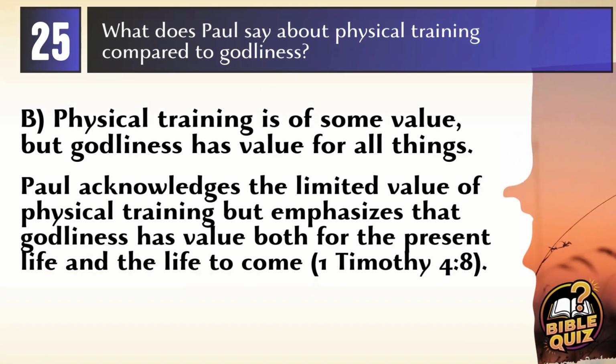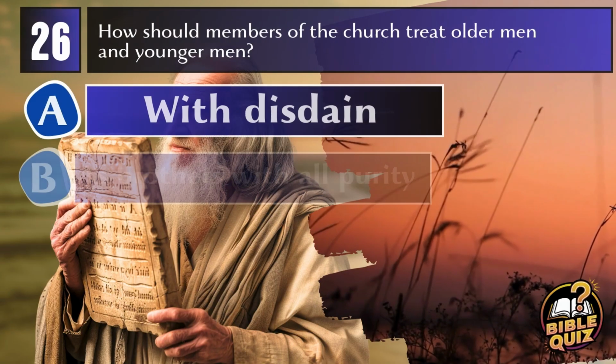Answer B. Physical training is of some value, but godliness has value for all things. Paul acknowledges that bodily exercise profits a little, but godliness is profitable for all things, holding promise for the present life and the life to come. 1 Timothy 4:8.